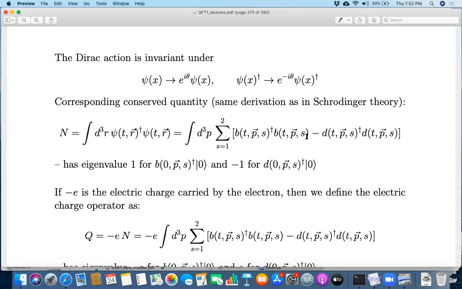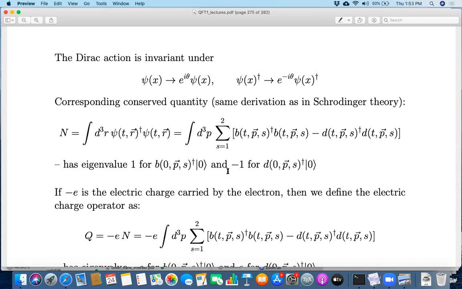On the state d dagger acting on vacuum, because of this minus sign, it has eigenvalue minus 1. So this tells us that there is some conserved charge which takes value 1 for the states b dagger acting on the vacuum, and value minus 1 for the states d dagger acting on the vacuum.